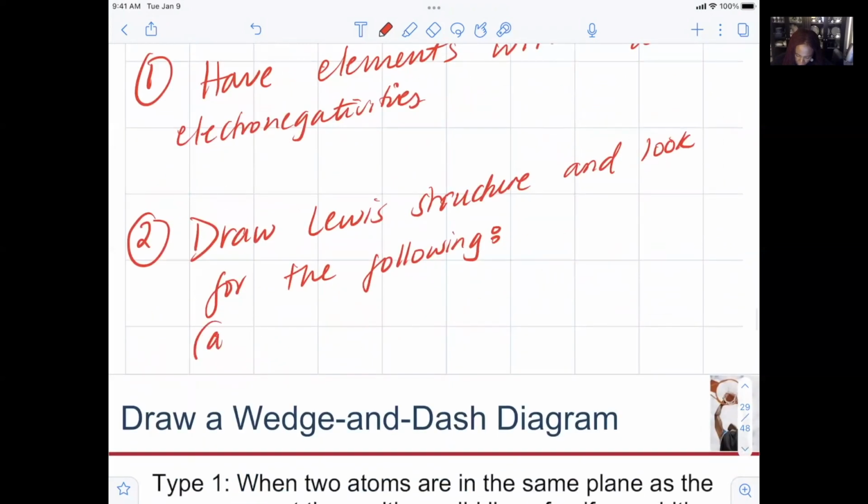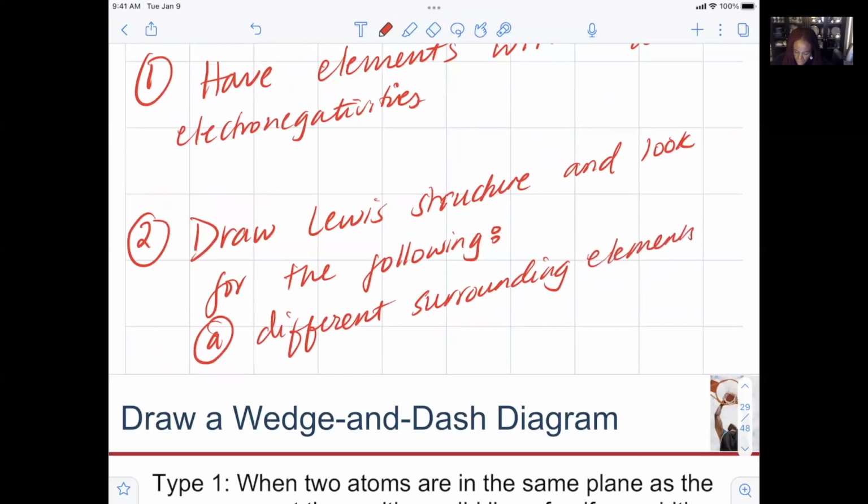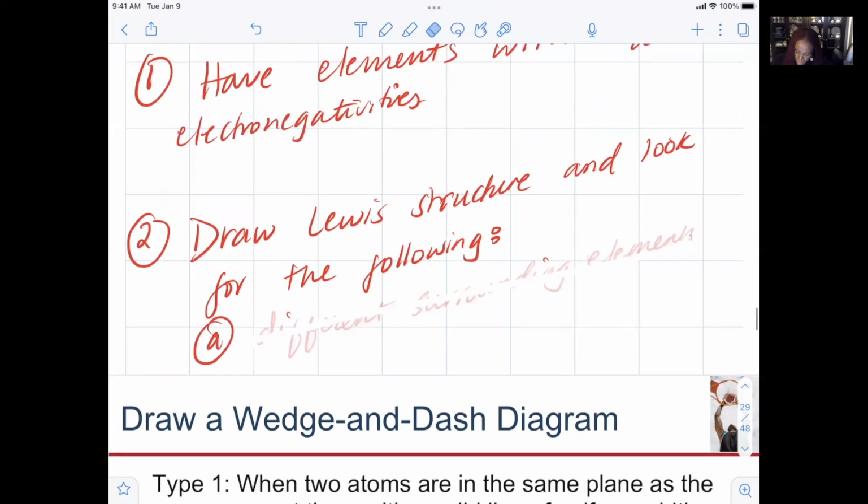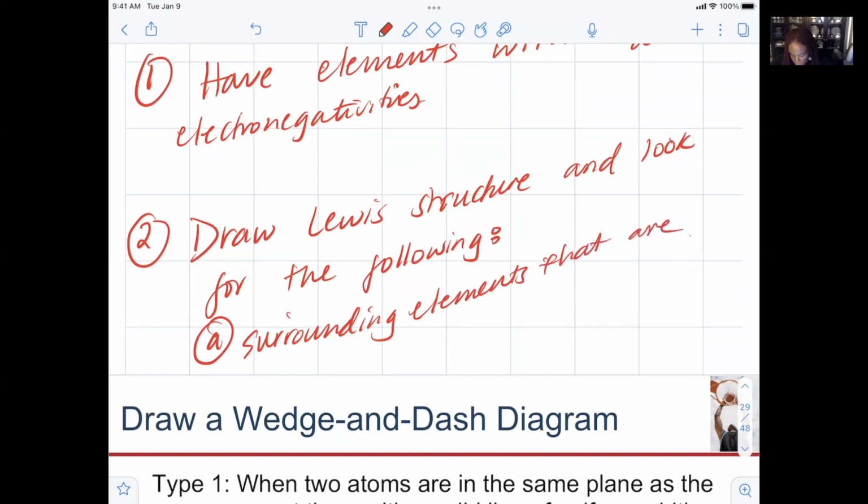A, surrounding elements that are different from each other.